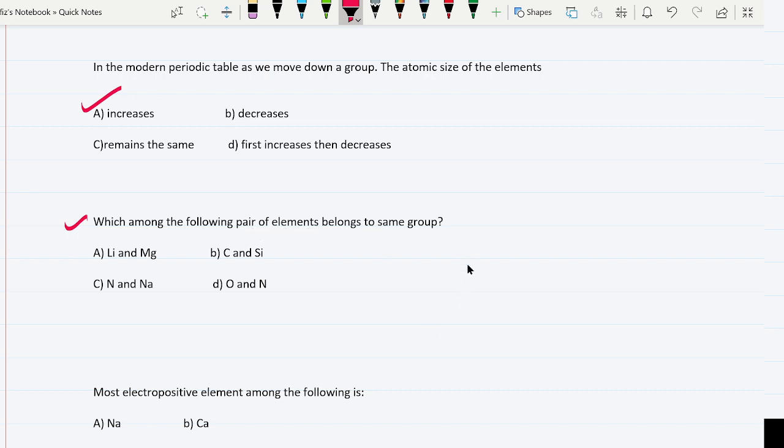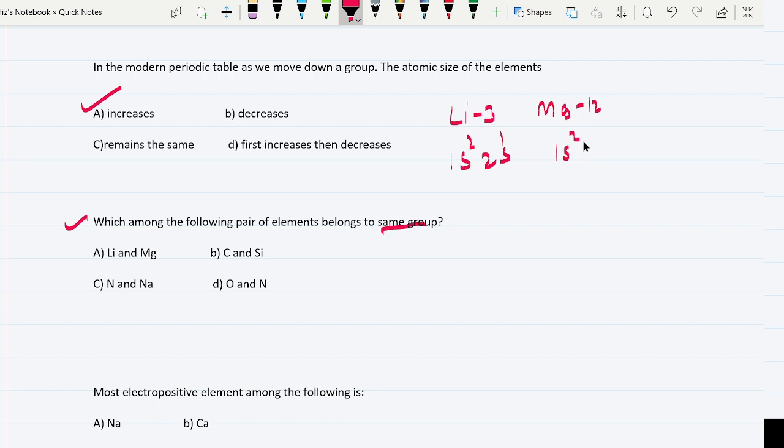So in this question you will learn how to find the group and which pair of these 4 belongs to the same group. See here, first go with lithium with atomic number 3 and magnesium with atomic number 12. Let us find out, are they belonging to the same group or not? So again the configuration will help us here.